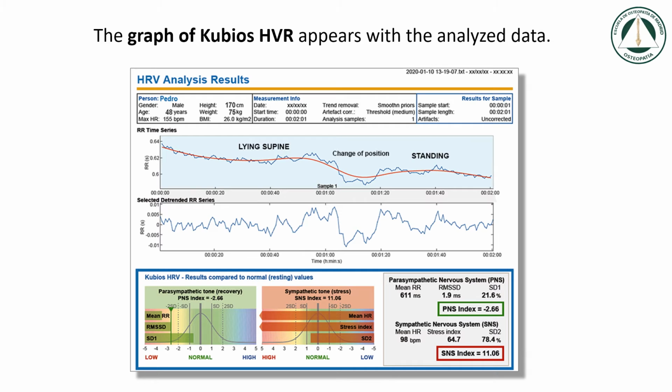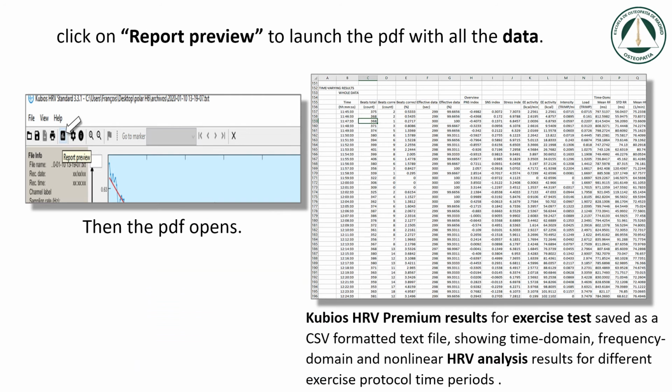Other data of neurovegetative interest appear below, such as the indices of the parasympathetic system in green, and orthosympathetic in red. Then, click on Report Preview to launch the PDF with all the data.